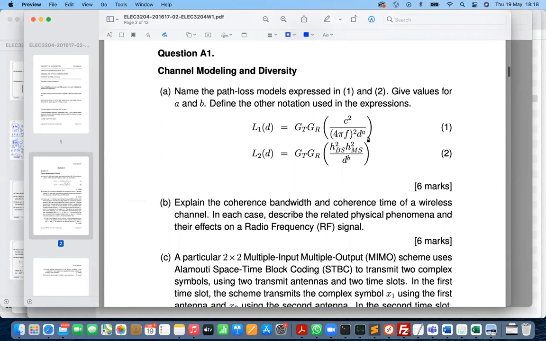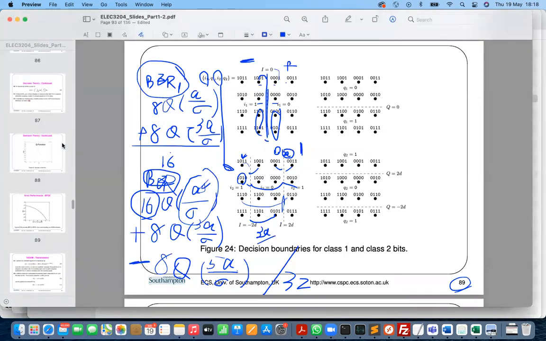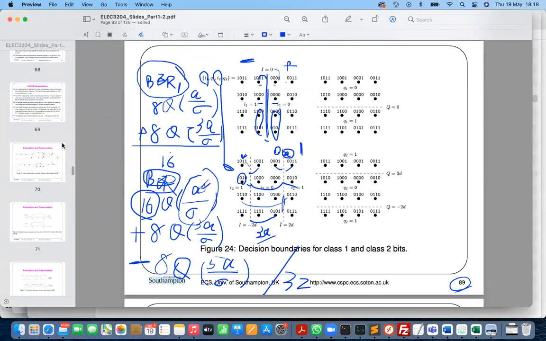So the first one is mostly about the distance. This is a free space path loss, which indicates that signal power decays with respect to distance. It should be on page 15, I think.